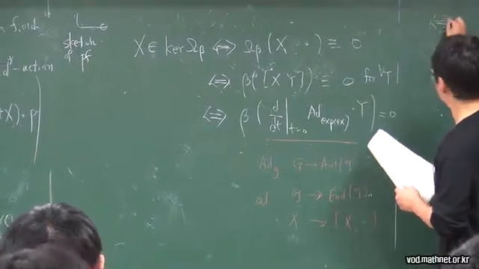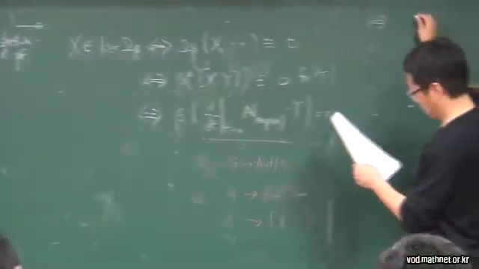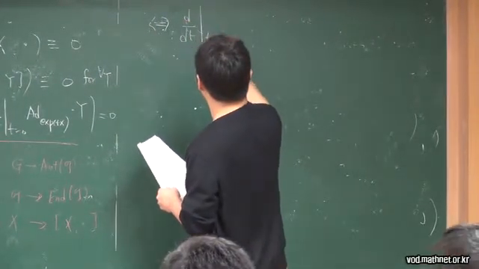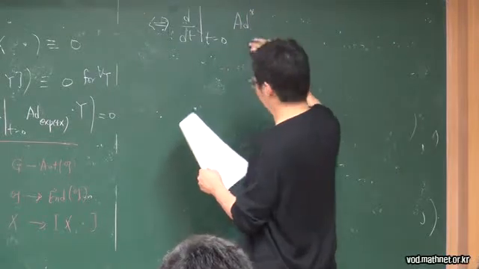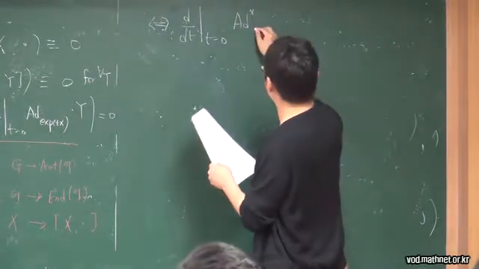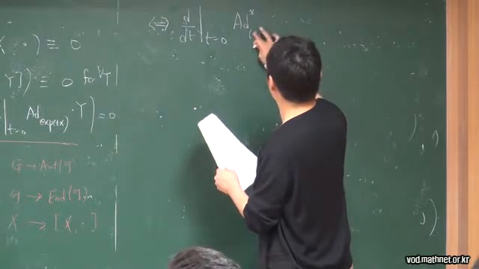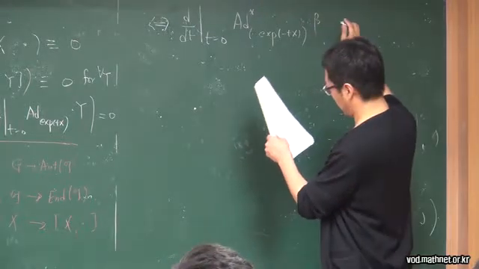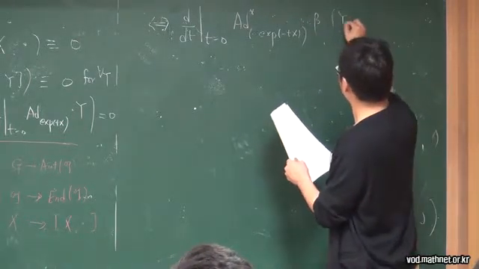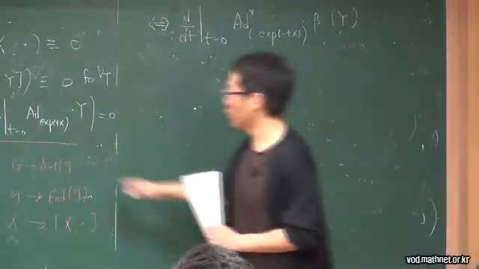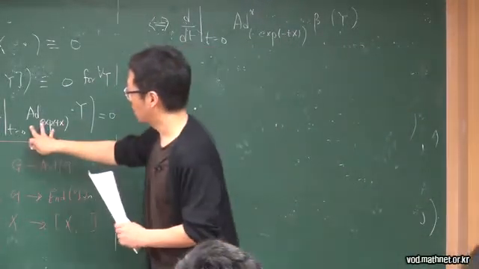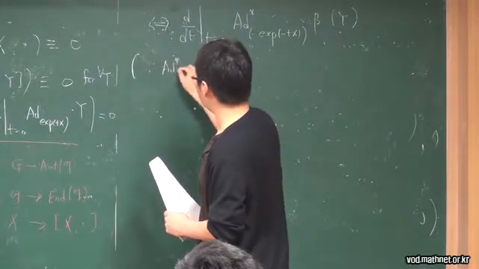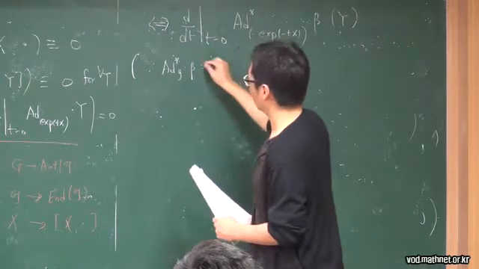And then it is nothing but the coadjoint action with respect to exponential of minus tX, applied to beta and Y. By definition, the coadjoint action is defined by taking the dual.